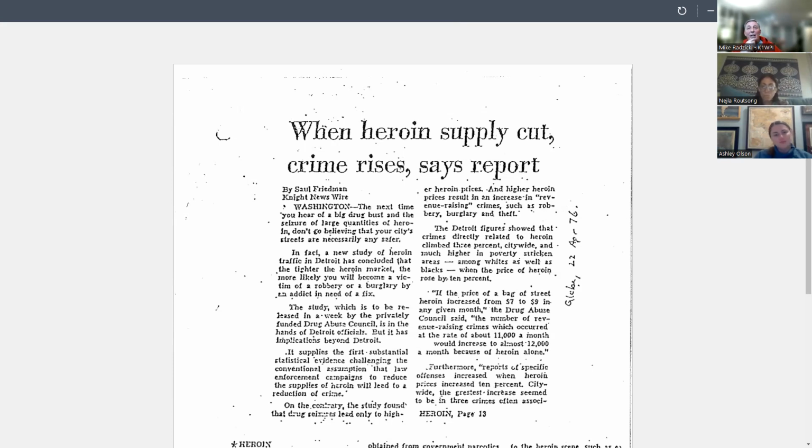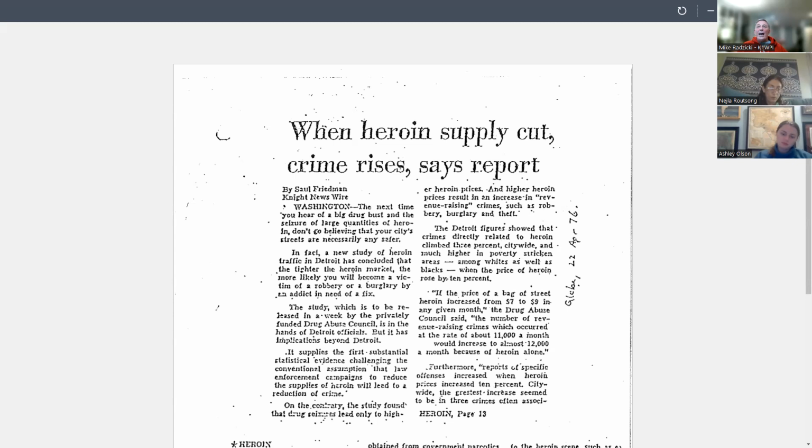On the contrary, the study found that drug seizures lead only to higher heroin prices, and higher heroin prices result in an increase in revenue-raising crimes such as robbery, burglary, and theft. The Detroit figures showed that crimes directly related to heroin climbed 3% citywide and much higher in poverty-stricken areas among whites as well as blacks when the price of heroin rose by 10%.